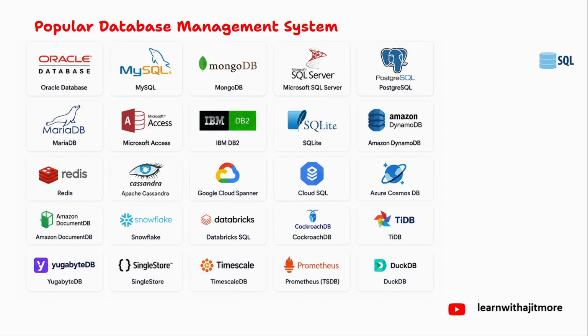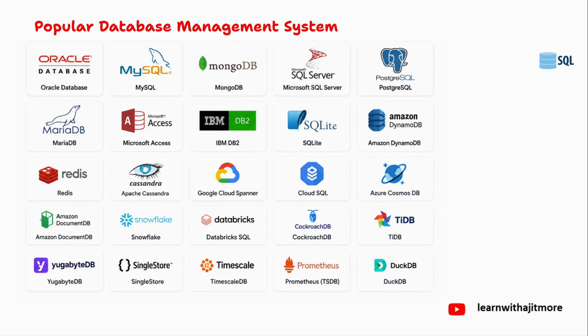Then here I have listed some common database management systems. Some are license based, like SQL Server and Oracle, they don't come free. MySQL, MongoDB, Postgres, MariaDB, these are all freely available. Some are for cell phones, like SQLite. Some are cloud based, like Snowflake.